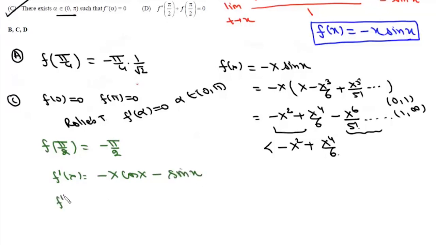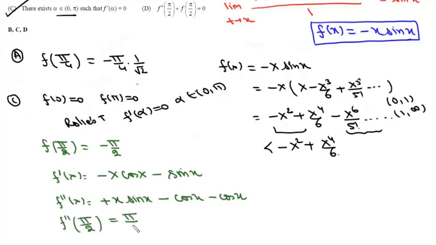And if we differentiate this again, f double dash x will be minus x and minus minus plus will be this sin x minus cos x and will be this minus cos x. So f double dash (pi by 2) will be this plus pi by 2 and cos 90 is 0. Now if we add them, plus pi by 2 and minus pi by 2, they will cancel. So this value will be 0. So the correct options are B, C and D.